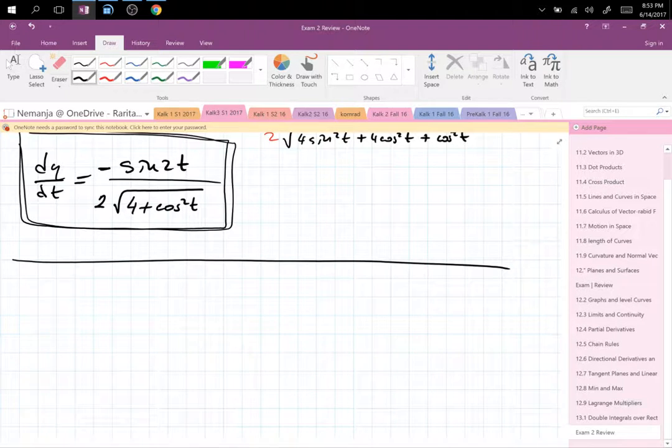Don't panic. The next two problems are both very interesting. We are looking into the domain of the function.